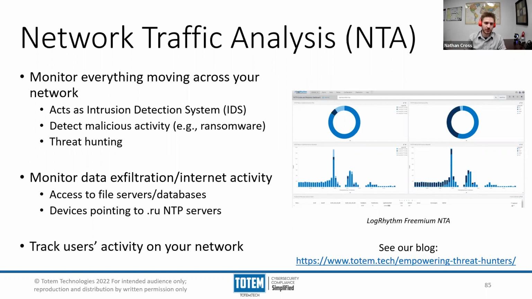We can also use network traffic analysis to perform what is known as threat hunting, or actively seeking out threats, actively hunting for potential adversarial activity or suspicious activity within our network. And so network traffic analysis is essentially just another building block to event log analysis. It's specifically focused on the network traffic, the information packets moving between different devices on your network.